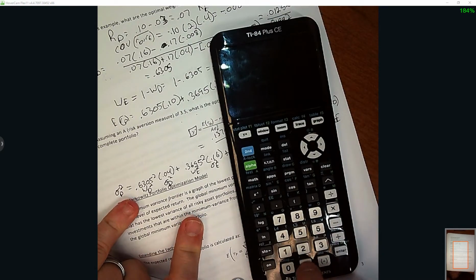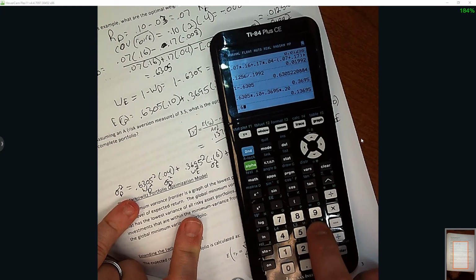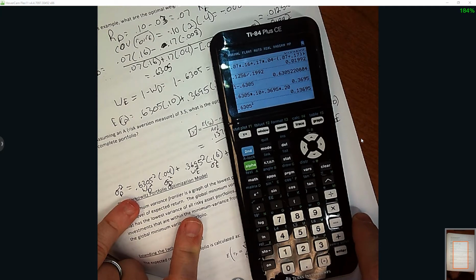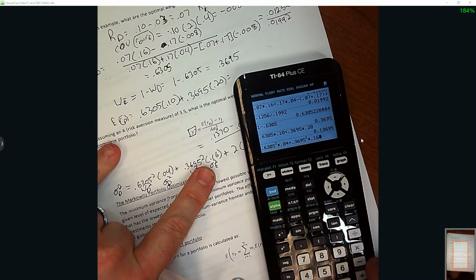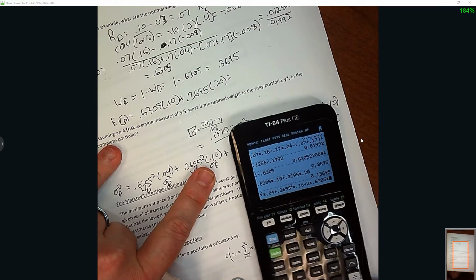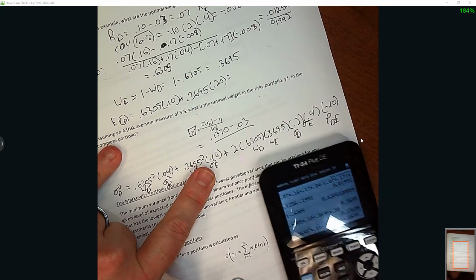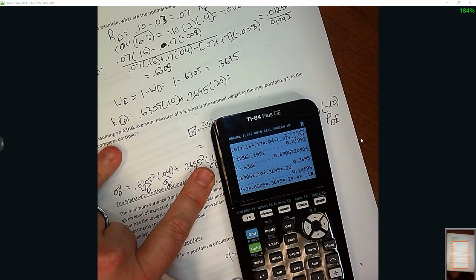So that's what I'll do here. 0.6305 squared multiplied by 0.04 plus 0.3695 squared multiplied by 0.16 plus 2 times 0.6305 times 0.3695 times 0.2 times 0.4 times negative 0.1.